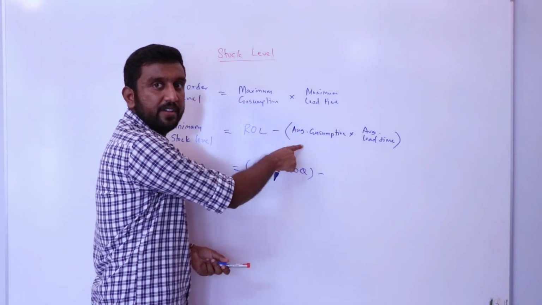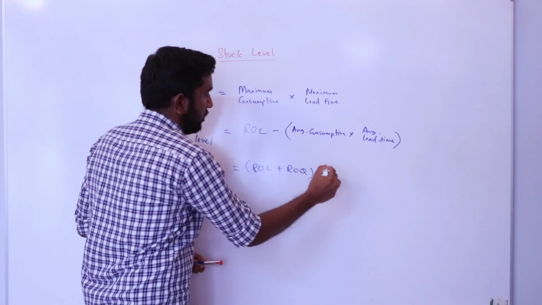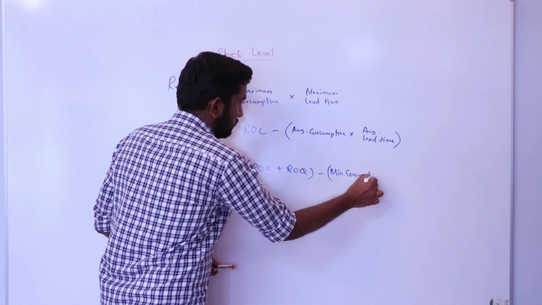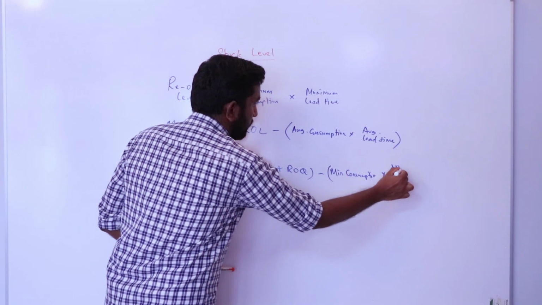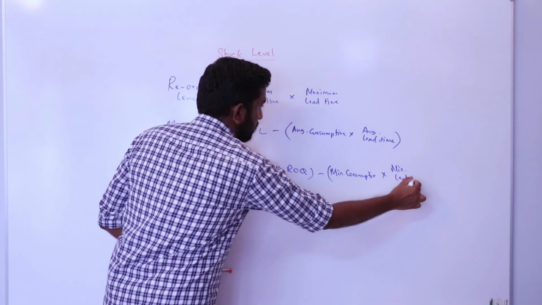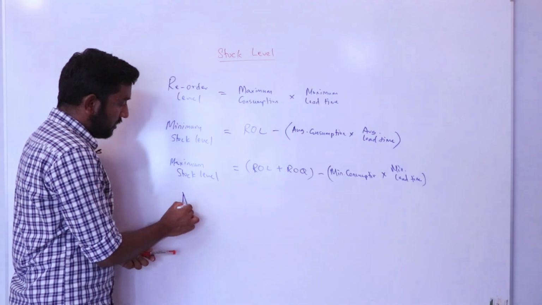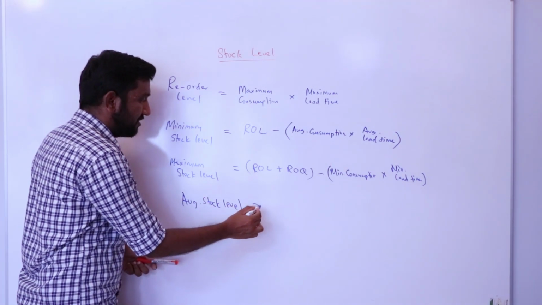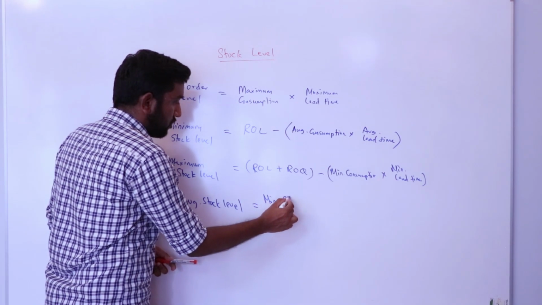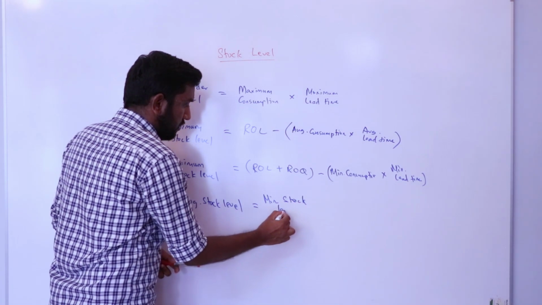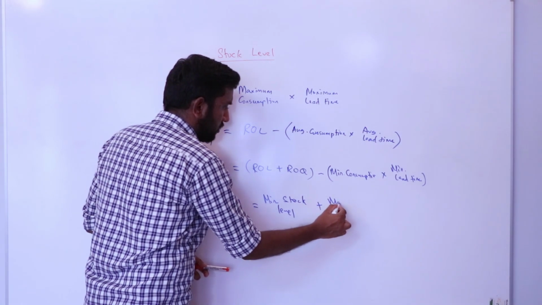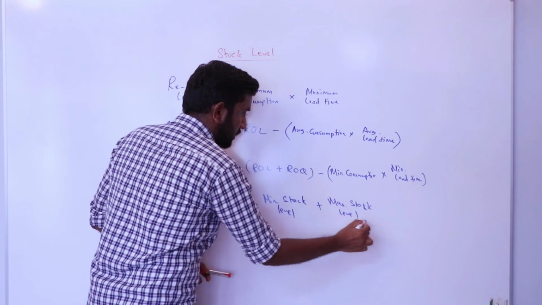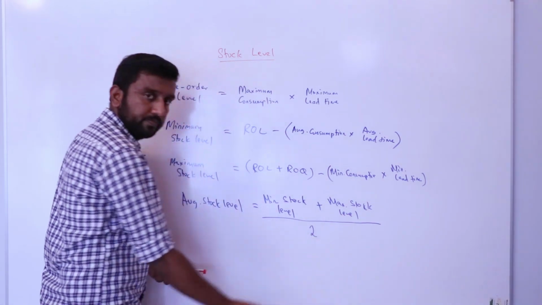So you have already used average, you have used maximum, it should be minimum consumption into minimum lead time. And the last one is average stock level. So average stock level generally is minimum stock level plus maximum stock level divided by 2.